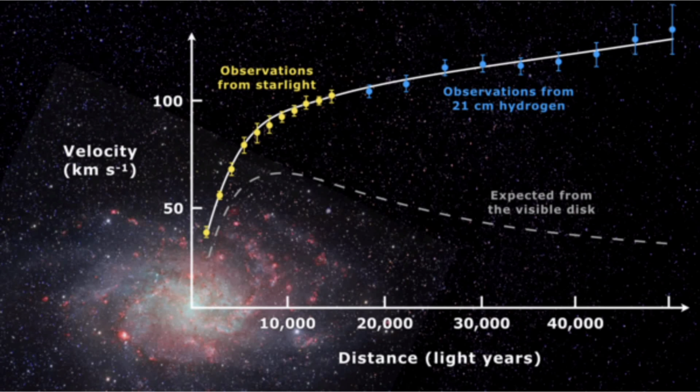So, we think that there should be some invisible matter which we have not observed. And there is a lot of that invisible matter in the outer parts of the galaxy. So, we call that invisible matter dark matter.